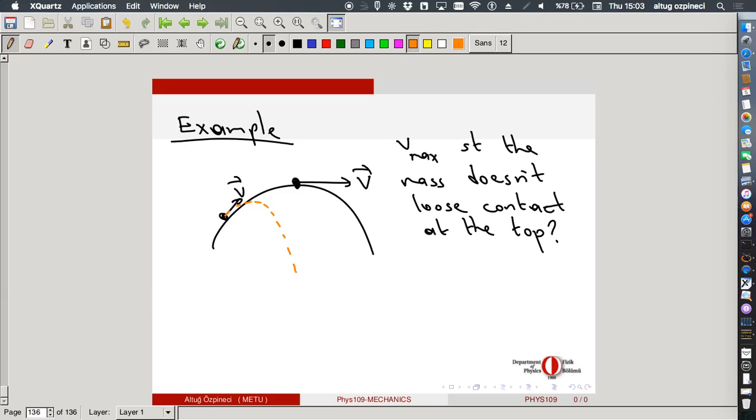It will try to go into the surface, but the surface wouldn't allow it. What I mean by not allowing it is that it will just push it outward. So that's why we have a normal force if v is small. Here there will also be a normal force. We have the weight and the normal force.